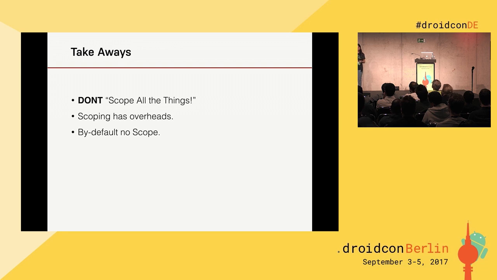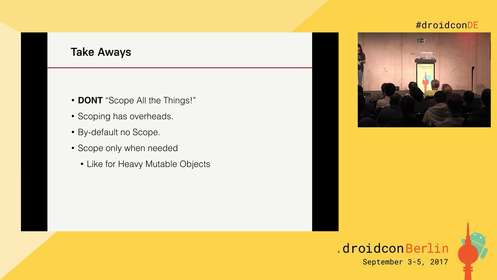If the object was not heavy and you used scoping, then every time we try to get that dependency, a double check will happen. We don't need that. We should by default use no scope, and we should scope only when it's needed.